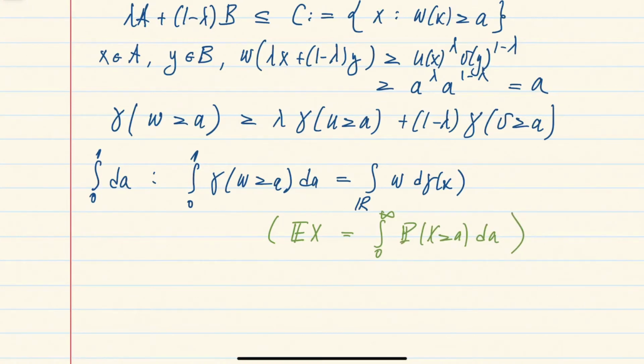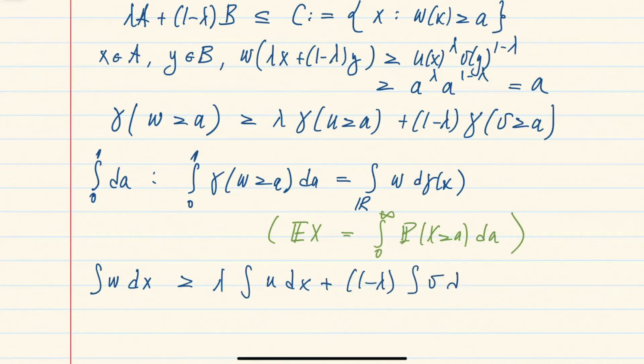Okay, and of course the same applies to u and v, and so if you integrate with respect to a on both sides and use this change of variables here, then you get the inequality that the integral of w with respect to the Lebesgue measure, let me just write dx here, is greater or equal than lambda integral of u plus 1 minus lambda integral of v. And what remains to use is just the arithmetic-geometric mean inequality, right?